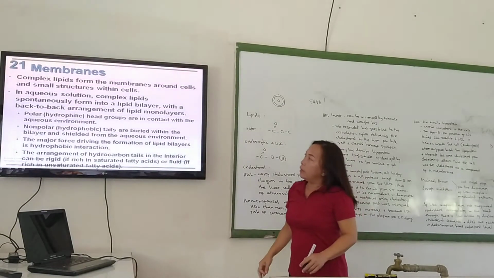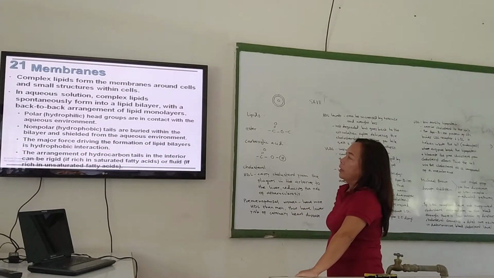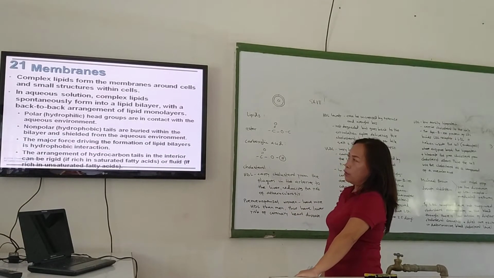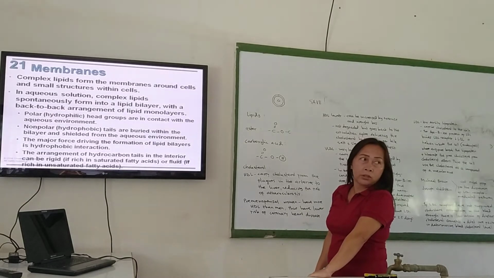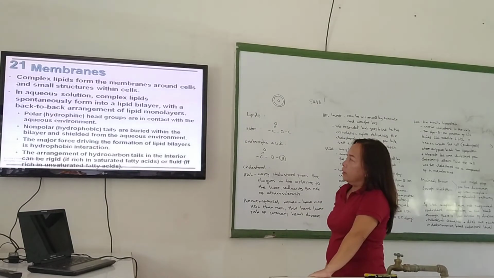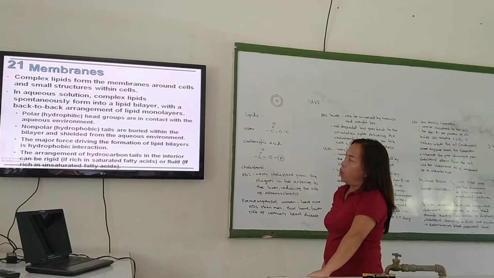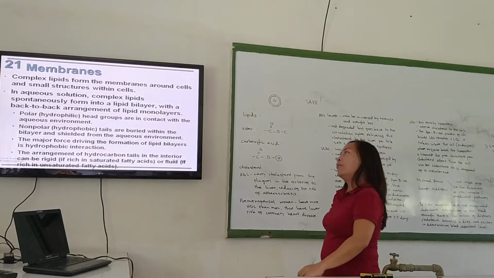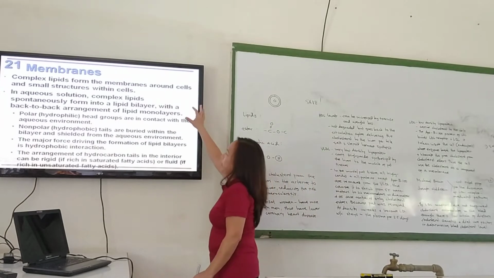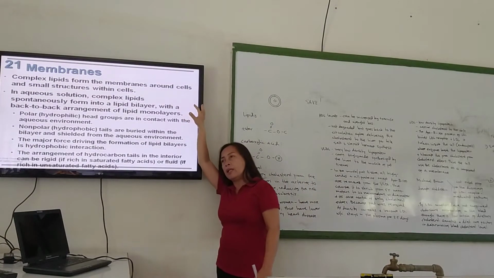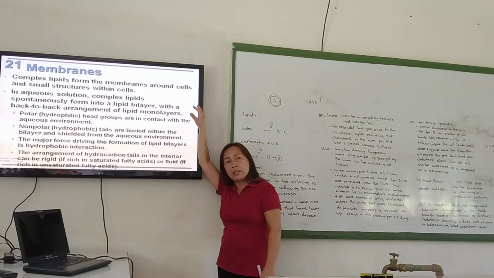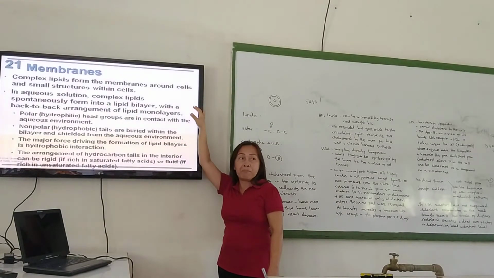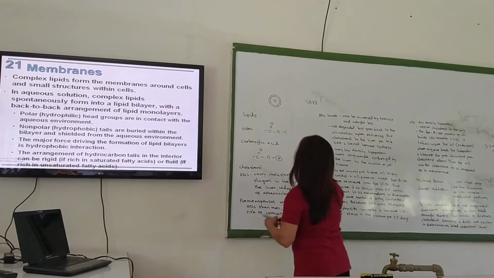Okay. Now, there is an aqueous solution, meaning a solution containing water. Complex lipids spontaneously form into a lipid bilayer with a back-to-back arrangement of lipid monolayers. And these lipids in the membrane are described as amphipathic.